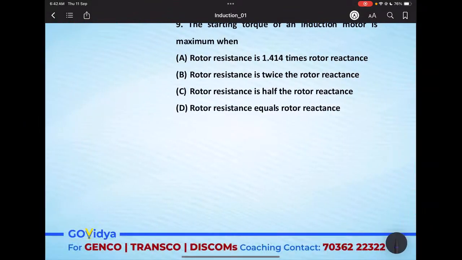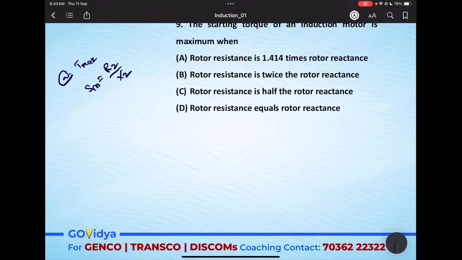The next question is about when the starting torque of an induction motor is maximum. So we know that at maximum torque, the slip S_m is equal to R2 by X2.